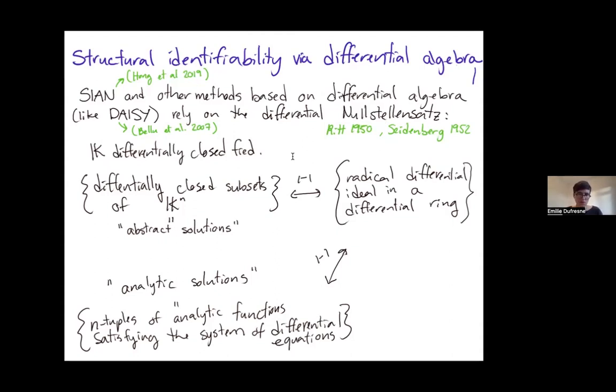So you place yourself in the situation that this big K is a differentially closed field, and in that situation there will be a correspondence between differentially closed subsets of K^n, which are sometimes described as abstract solutions, and radical differential ideals in a differential ring, but also so-called analytic solutions, which are n-tuples of analytic functions satisfying the system of differential equations.